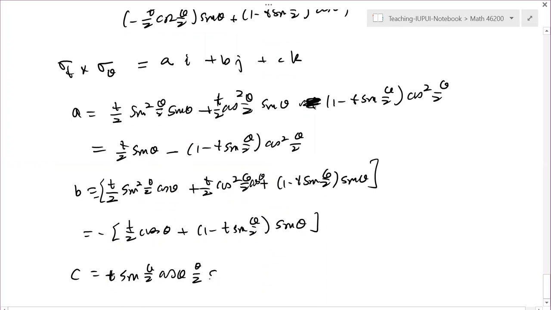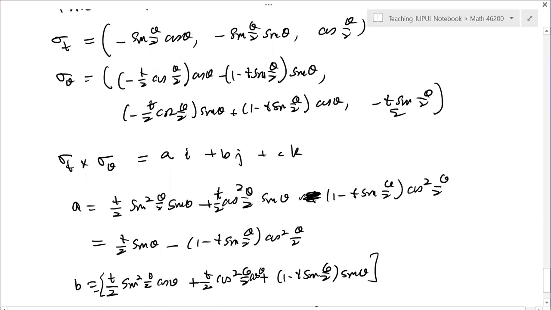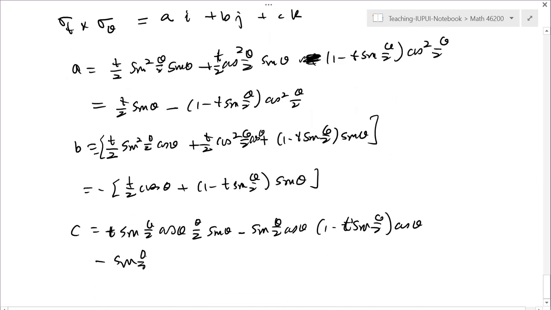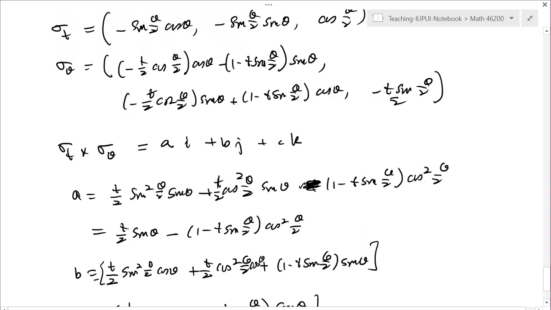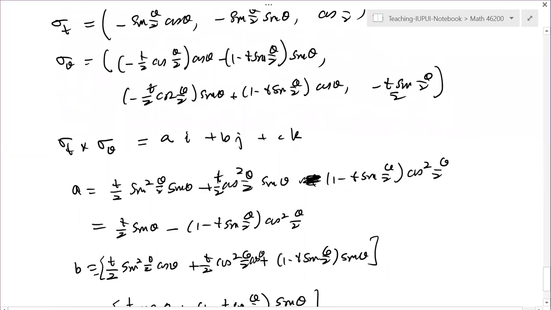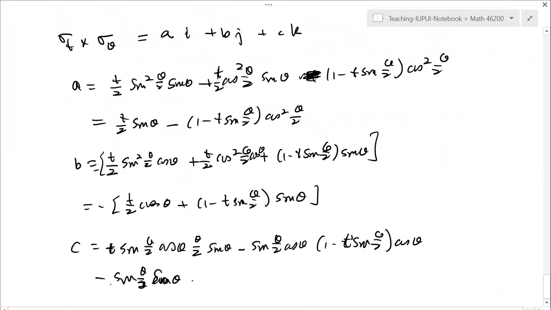This is a t sine theta. Minus sine half theta cosine theta, 1 minus t sine theta and cosine theta. So that's the first part. The second part will be minus sine half of theta cosine theta. Now this is still not sine theta. And then this will be half of t. I have to give up this computation because my screen is too small.